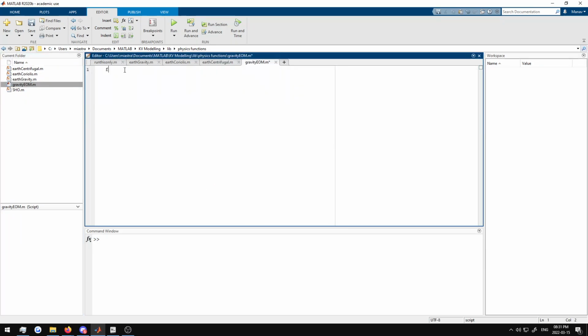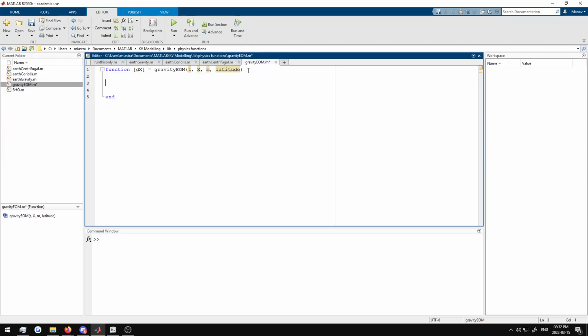This is going to be a function which will return a dx, and per the standard we defined in the last video, it's going to take in time, state vector, mass, and latitude, because that's an input now.